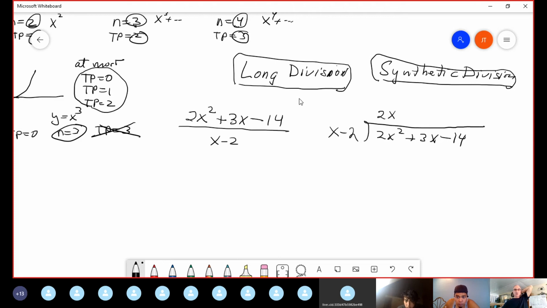Obviously it's 2x, because 2x times x is 2x squared. And 2x times negative 2 is negative 4x.